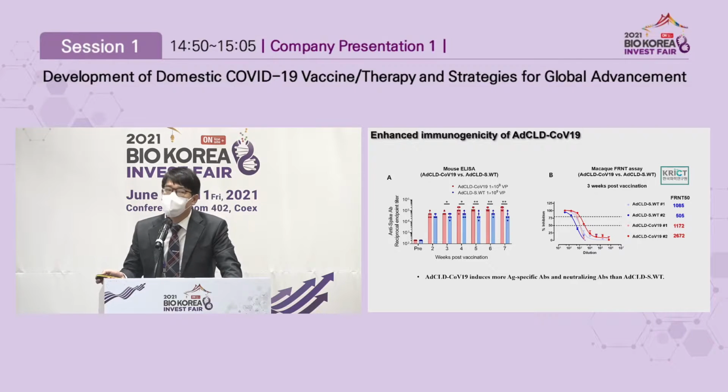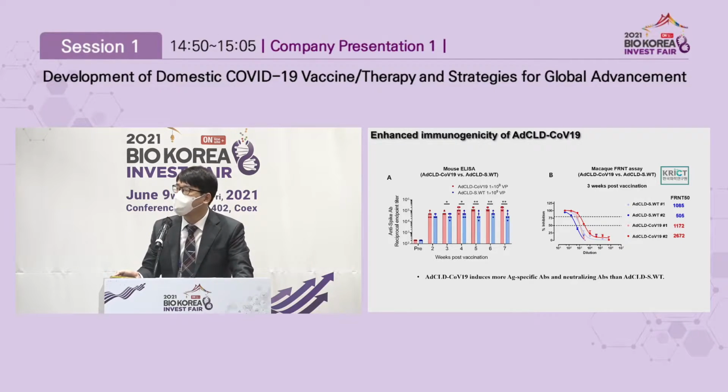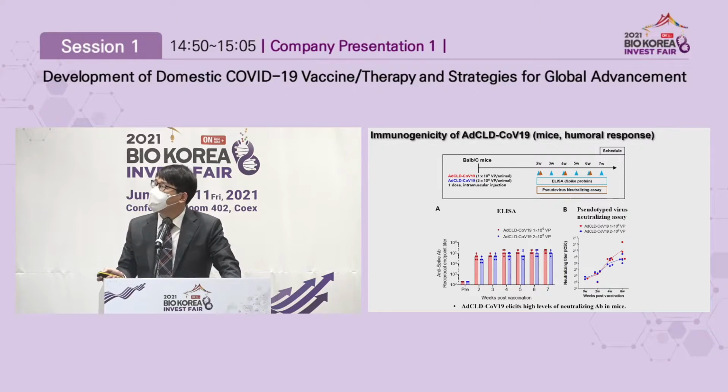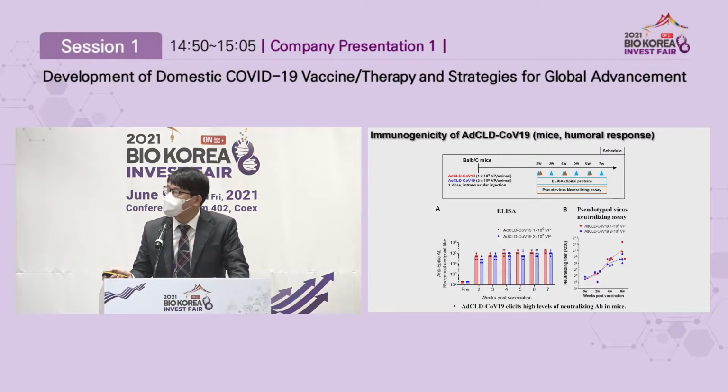If you take a look at this slide, in the animal's body, the combined vaccine antigen showed higher efficacy. So we named this ADCLD COVID-19 and kept working on research.